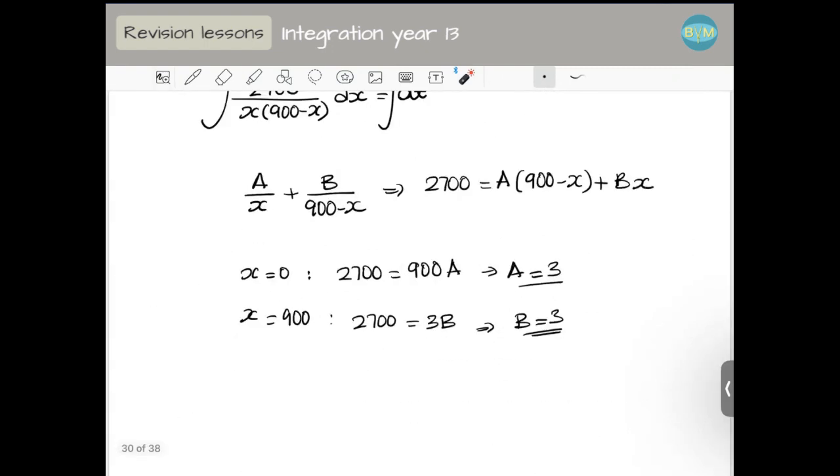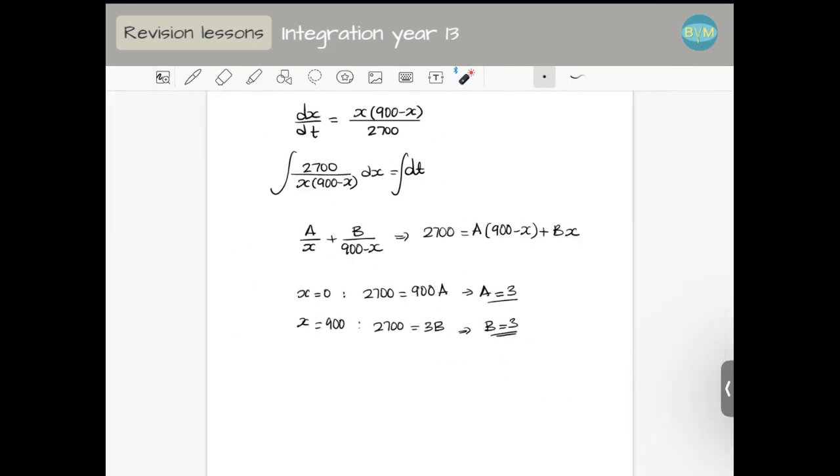But we know how, because we have now this written as the integral of 3 over x plus 3 over 900 minus x, dx, equal to dt. So we are going to integrate 1 and 2. Type them here. Okay. So 1, 3 over x.